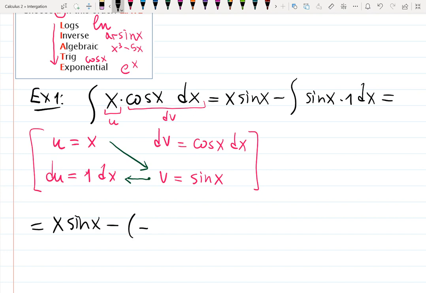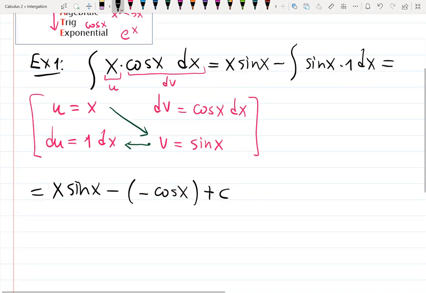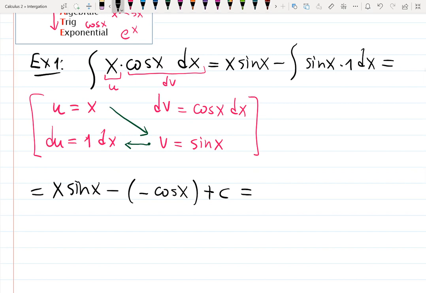Integral of sine is negative cosine x, right? Check yourself, differentiate cosine, it gives you minus sine. Minus cancels minus, everything matches. Plus c, don't forget that if you're working with indefinite integrals. So the answer becomes x sine x plus cosine x plus c.